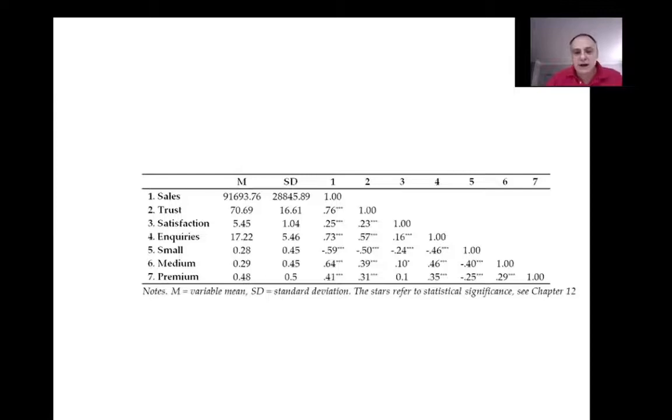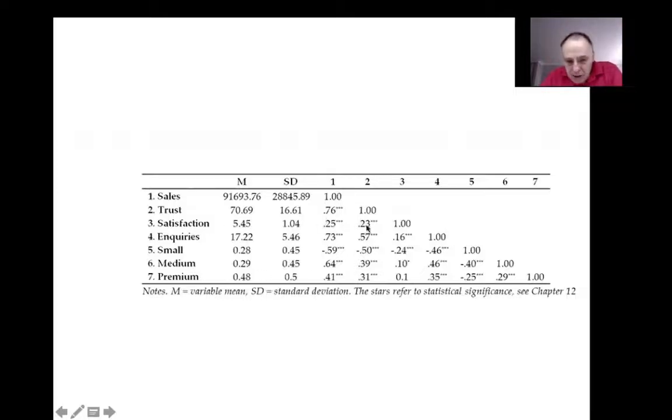When you're using statistical packages, you would get it like this. So again, there you have your ones, which we can ignore because it's just correlating sales with sales, trust with trust, etc. This over here would give you your mean. This over here gives you the standard deviation, just giving you some extra information. So if you use a statistical package, you would get this extra information.